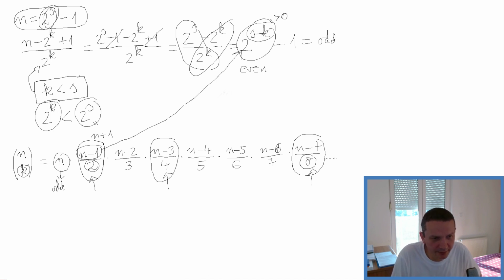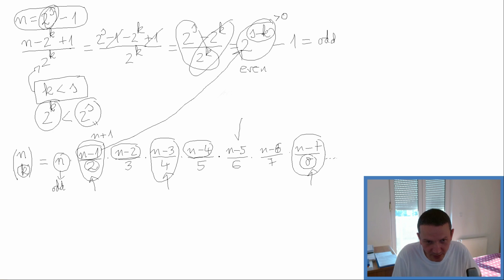And now we need to conclude that other numbers are also odd. Let me see, this is n minus 2 is odd, so we have no problem with this. This is also odd, we have no problems with this.